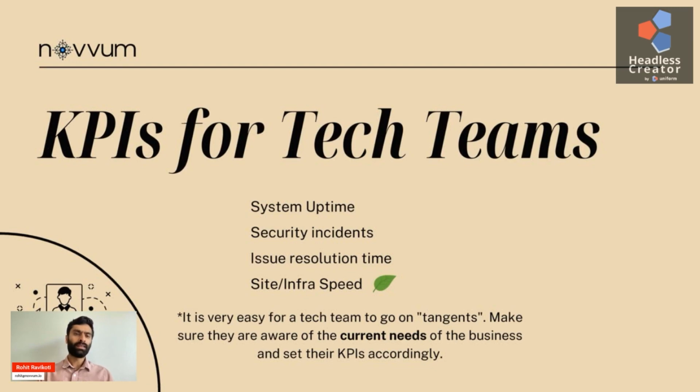And that's where, as I was mentioning earlier, when we don't set the right perspective for the technology teams, we can go off on tangents, like, okay, let's super optimize for speed, but maybe that's not the most important thing right now. So let's make sure that it's good enough.